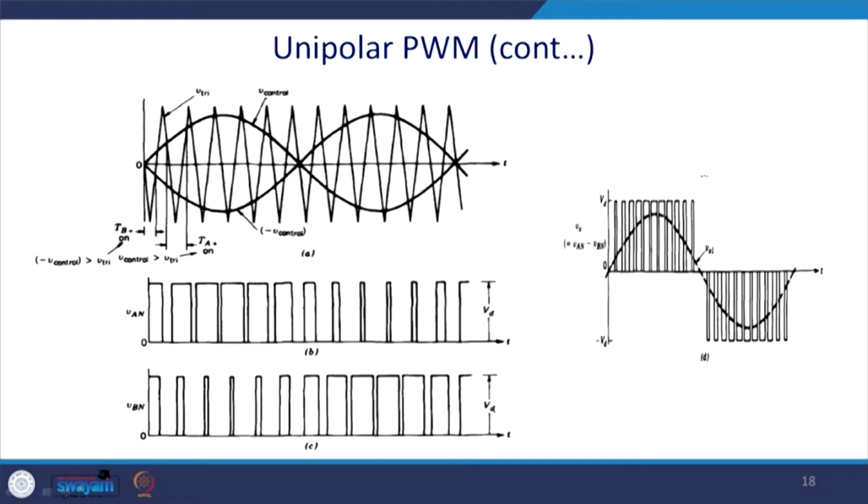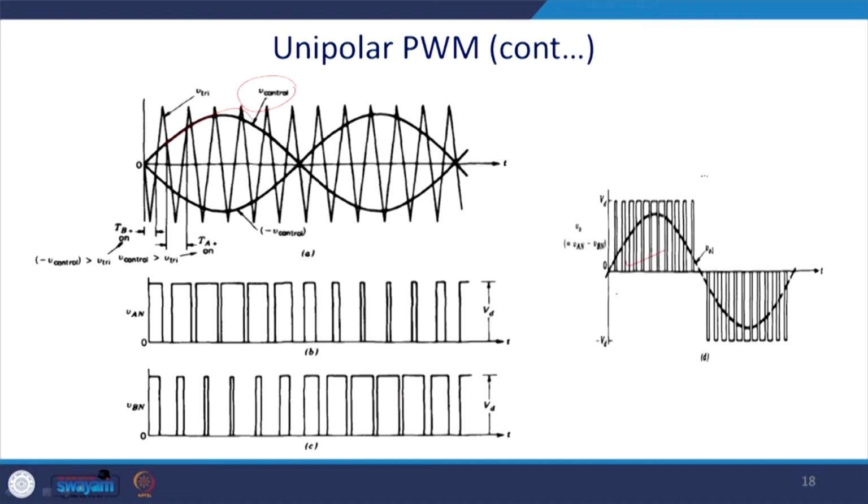So, thus you require 2 modulating waveforms and 1 carrier waveform. You got this is a V control and this is minus V control. This is for leg A and this is for leg B. So, this will be the waveform pattern for leg A and this will be the waveform pattern for leg B, and you sum it up, you get this voltage.